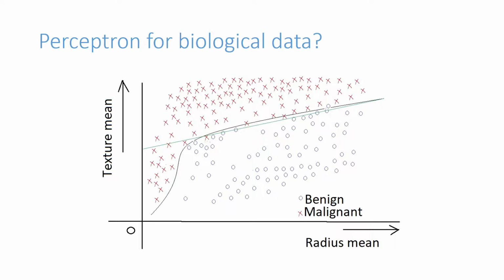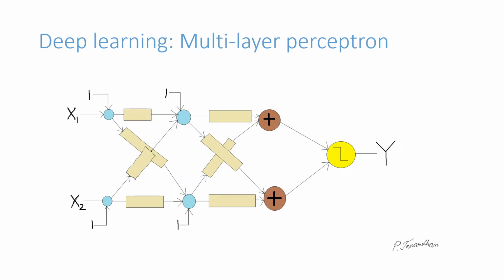So the remedy for this kind of errors is deep learning. Deep learning is nothing but implementing multiple layers of perceptrons. Like you can see here, the output of one layer of perceptrons is given to the other layer.